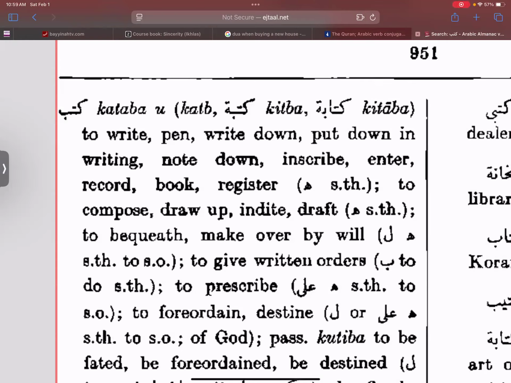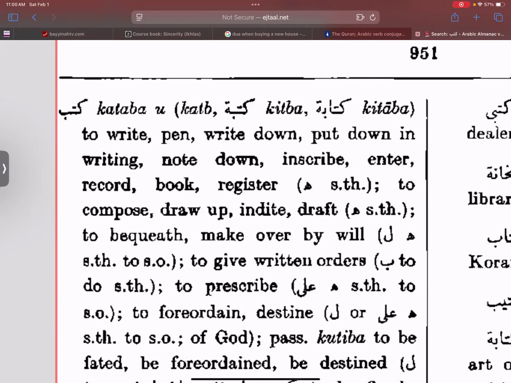Even if sometimes we do not know what the verb looks like in Madi, the dictionary can help you out. So this is kataba, ka, ta, and ba. And now you see a u. What does this u mean over there?